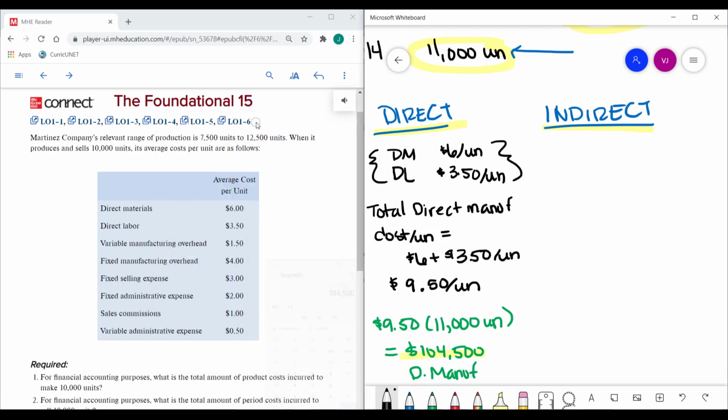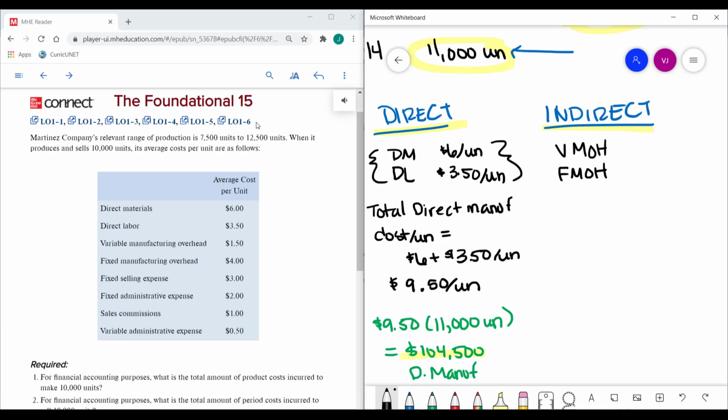Okay, now we're left with finding the total indirect manufacturing costs required to produce 11,000 units. So that is made up of variable manufacturing overhead and fixed manufacturing overhead. Because remember, manufacturing overhead, it's all those costs that aren't direct materials and direct labor, all those indirect materials and indirect labor costs, any indirect costs needed to produce product.